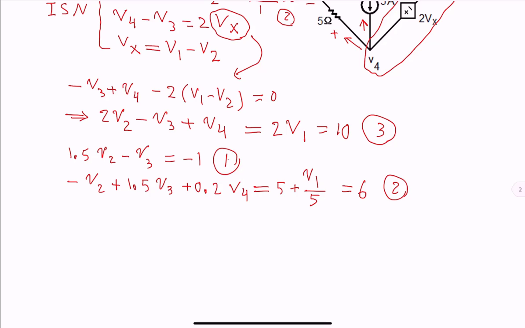Third equation, 2V1, 2V2 minus V3 plus V4 equal to 10. So 3 equations in 3 unknowns.